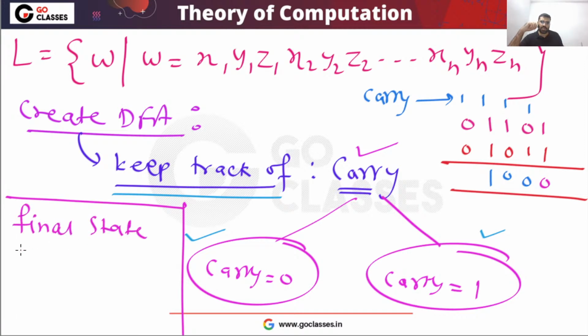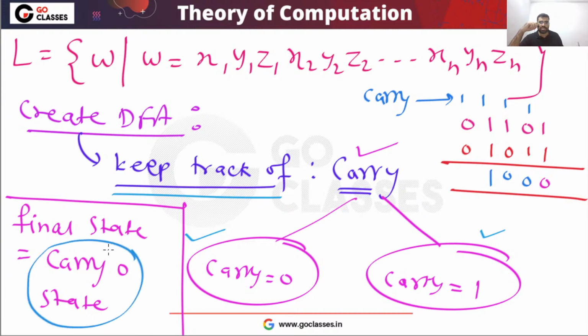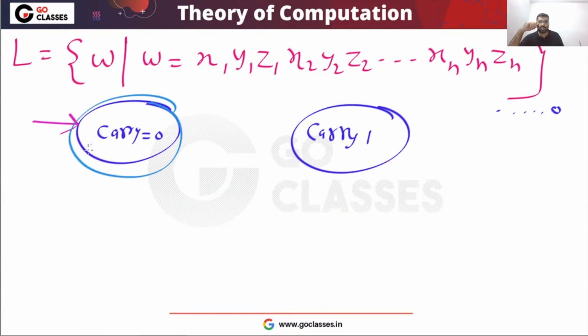The final state will be the carry 0 state, yes or no? Because finally the carry must be 0, as we have already seen. So the carry 0 state will be the final state.